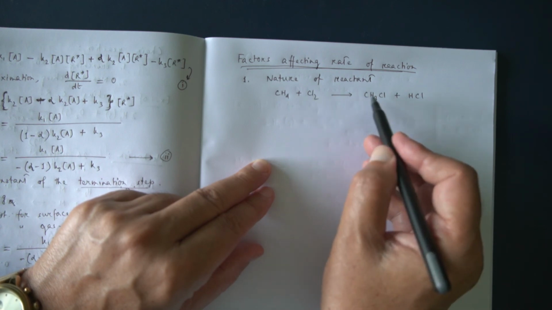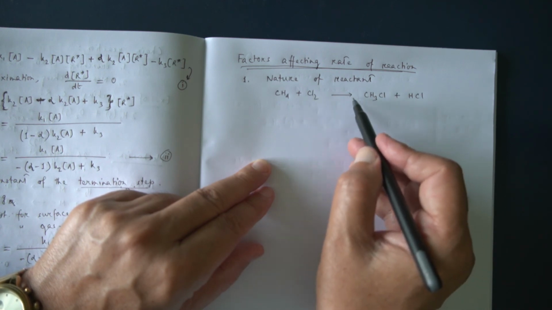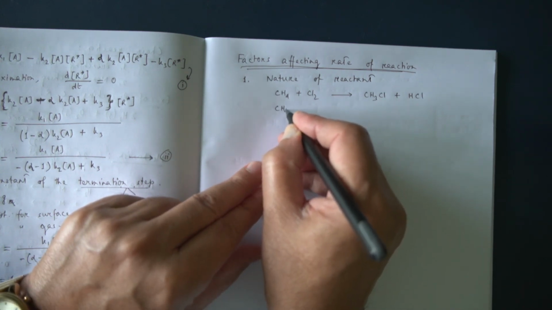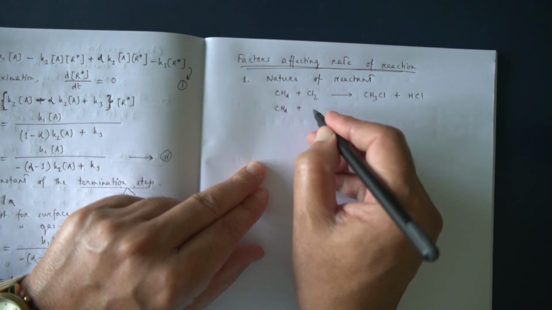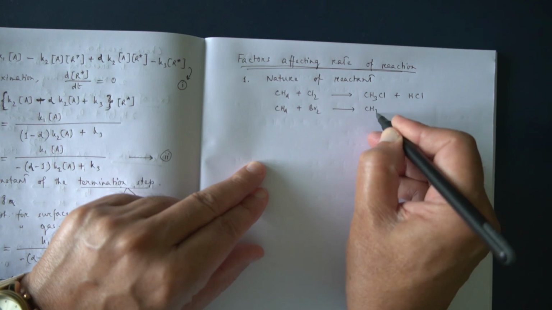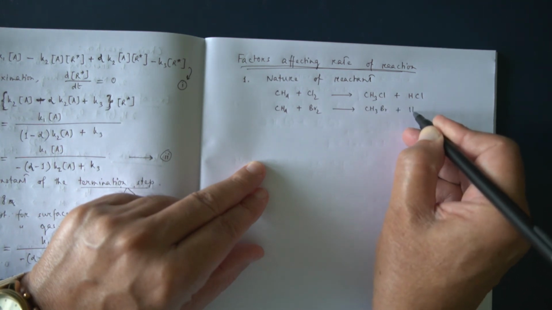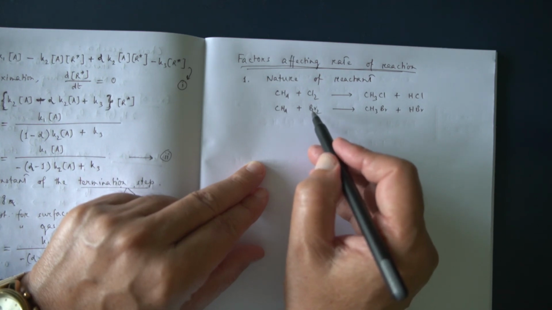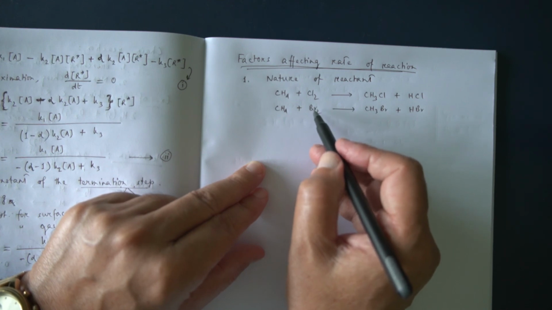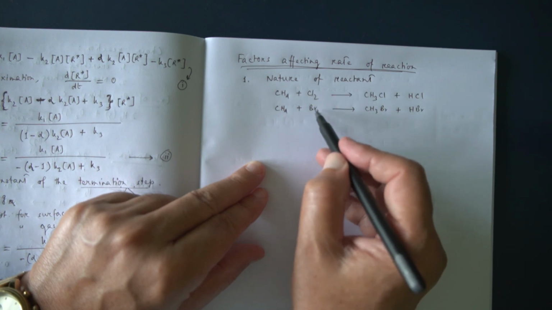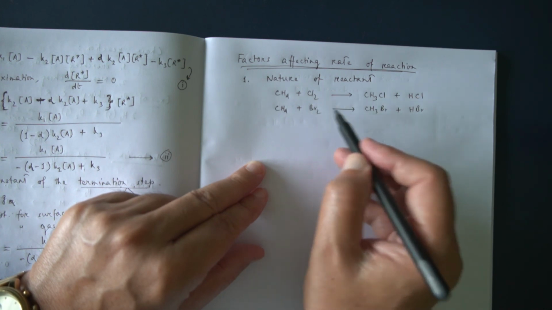So this reaction may take place inside the room. Okay, but if you consider this, say bromine, CH3Br, HBr. Now here direct sunlight is needed. So here the condition of the reaction changes as the nature of reactant changes.